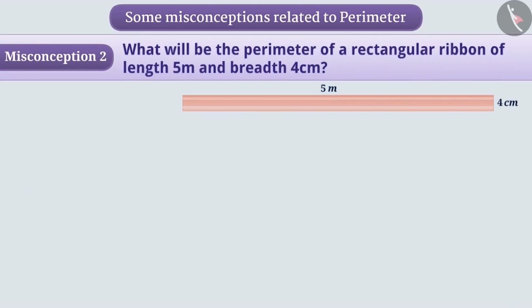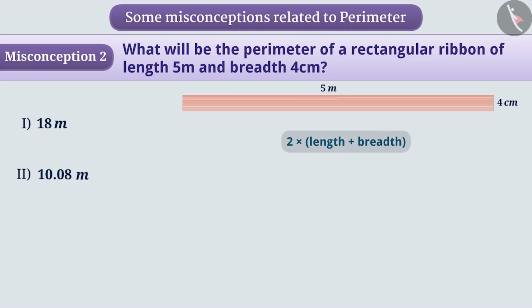Misconception 2. What will be the perimeter of a rectangular ribbon of length 5 meter and breadth 4 cm? Some students fail to pay attention to the units while measuring the perimeter. They place the digits as they are in the formula 2 multiplied by length plus breadth, which gives them the result 2 multiplied by 5 plus 4 is equal to 18.